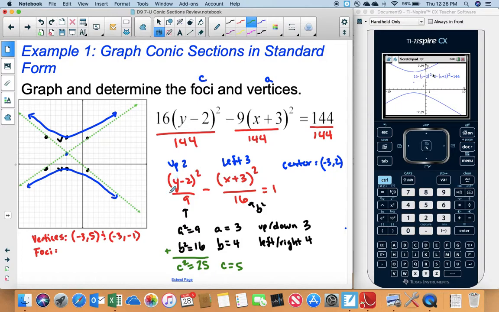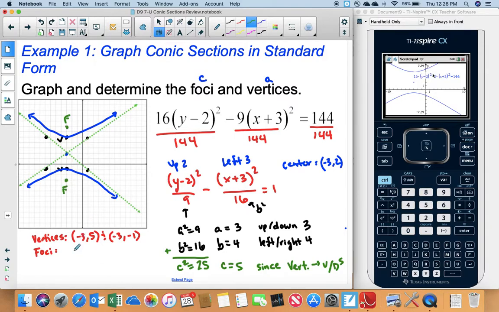Since this is a vertical hyperbola, it'll go up and down. So I'm going to say since vertical, up and down 5. So I'm going to go from the center, 1, 2, 3, 4, 5. That's a focus. And my other one would be 1, 2, 3, 4, 5. That's my other focus.